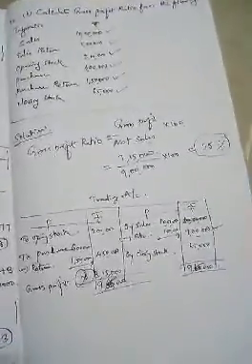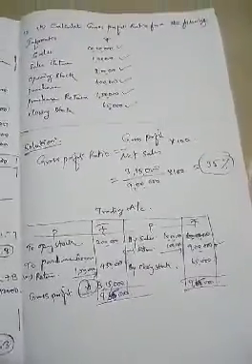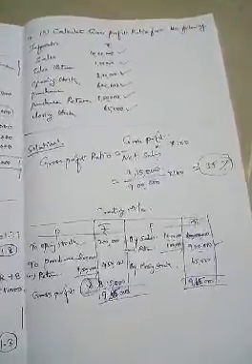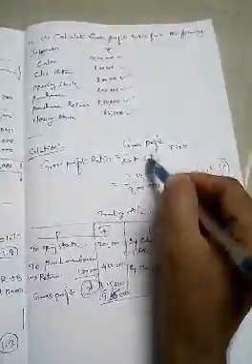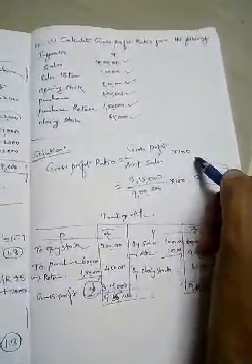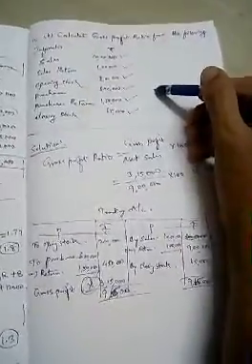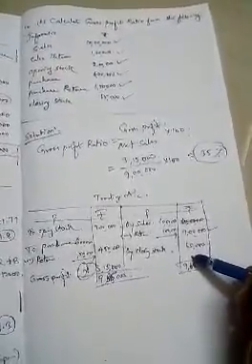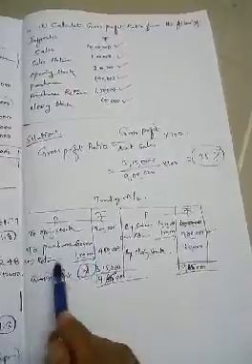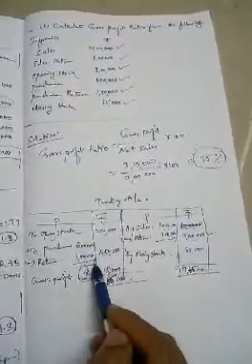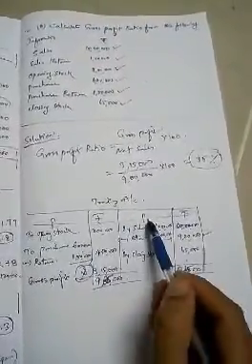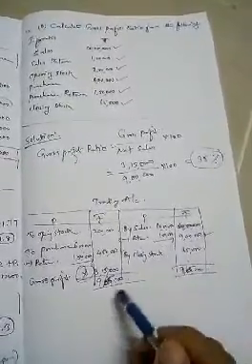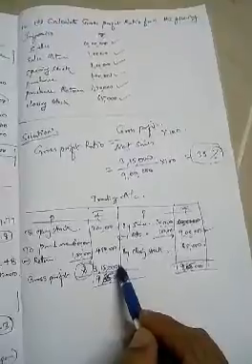Here, to be simple, I am repeating the same. Gross profit ratio is nothing but gross profit divided by net sales into 100. In the question no gross profit is given, so for that we have to prepare a trading account. On the two sides, we take purchases less return, and likewise sales less return, along with the closing stock, and altogether we get the gross profit.